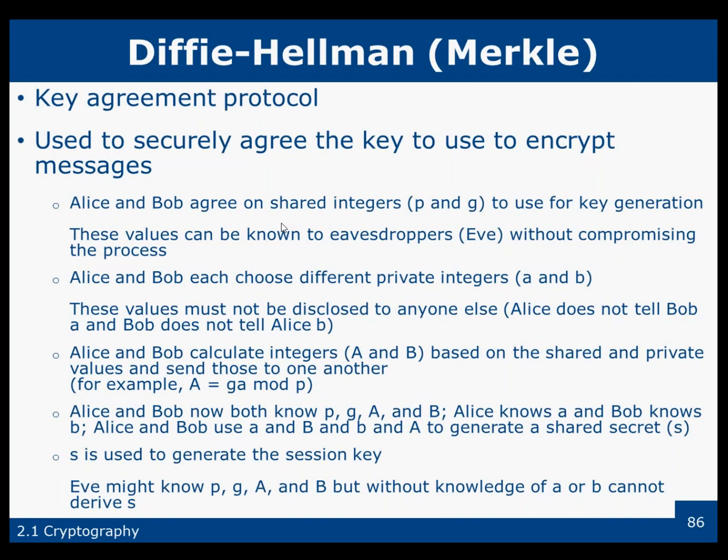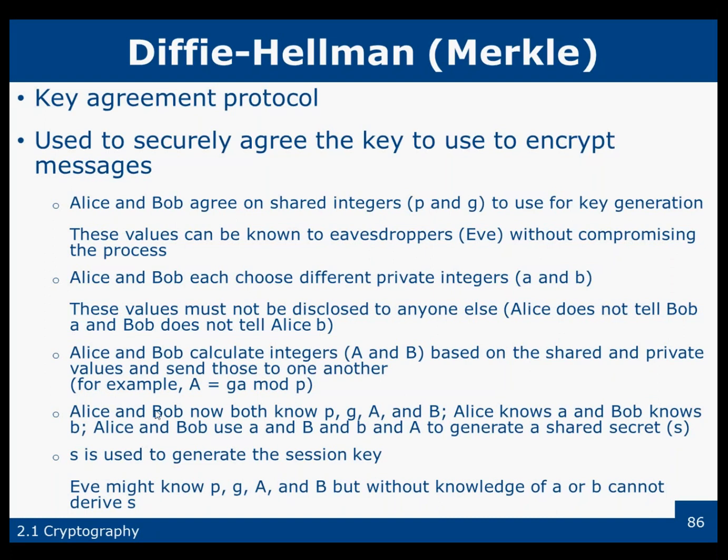So what we need here is an encrypted channel in order to send these things, because we don't want them to be intercepted. Alice doesn't tell Bob A, and Bob doesn't tell Alice B. Alice and Bob calculate integers based on shared and private values that they send back and forth.